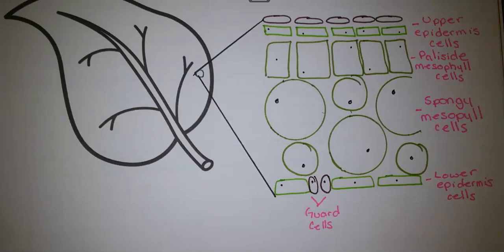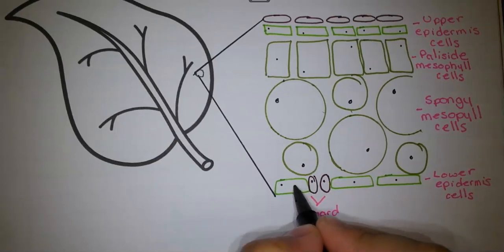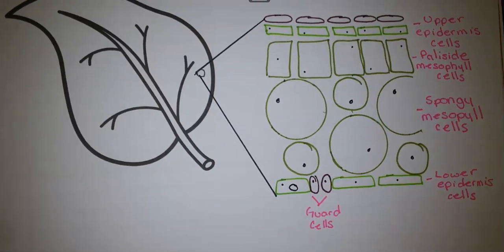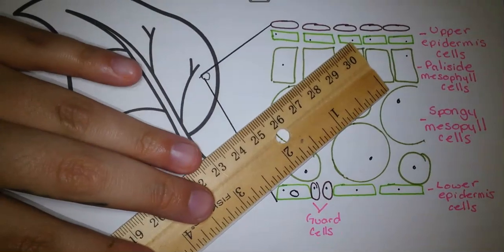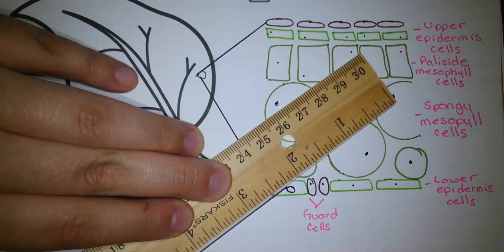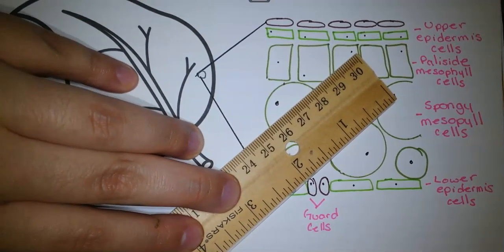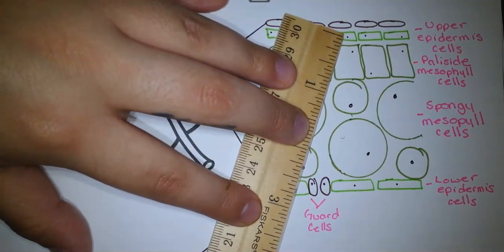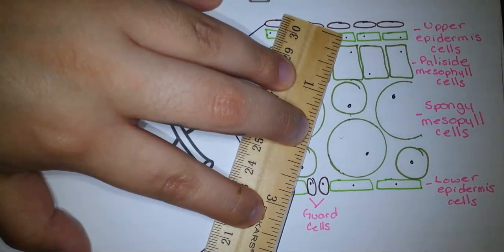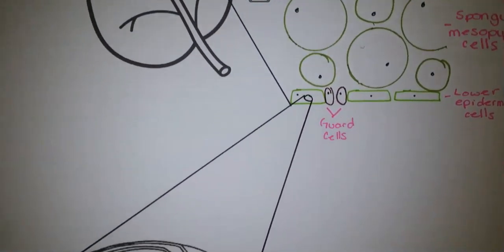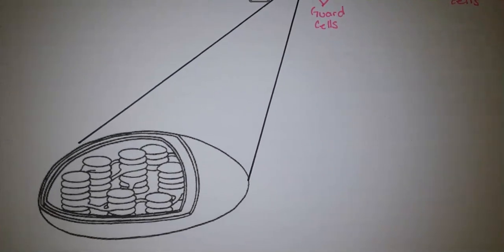And the organelle where photosynthesis happens is the chloroplast. So let's say we have our chloroplast right here. I'm going to zoom in to our chloroplast. So I zoom in again, right, into a cell, and I get my chloroplast.